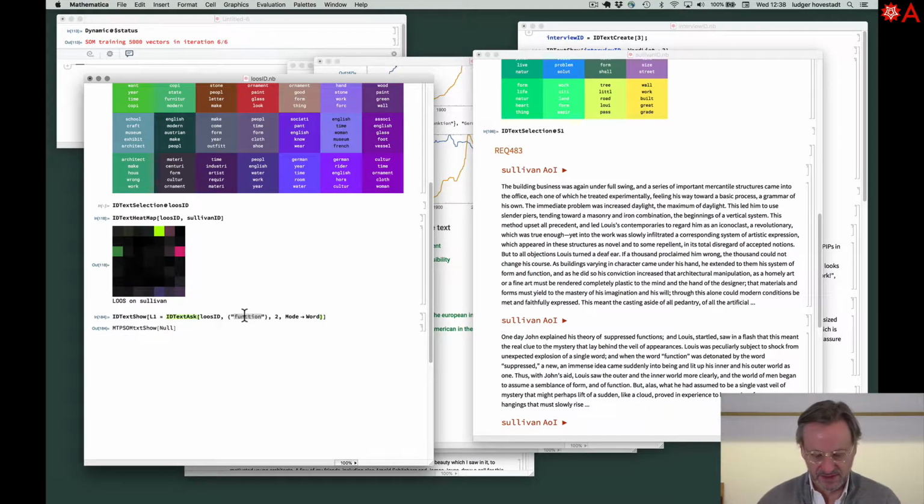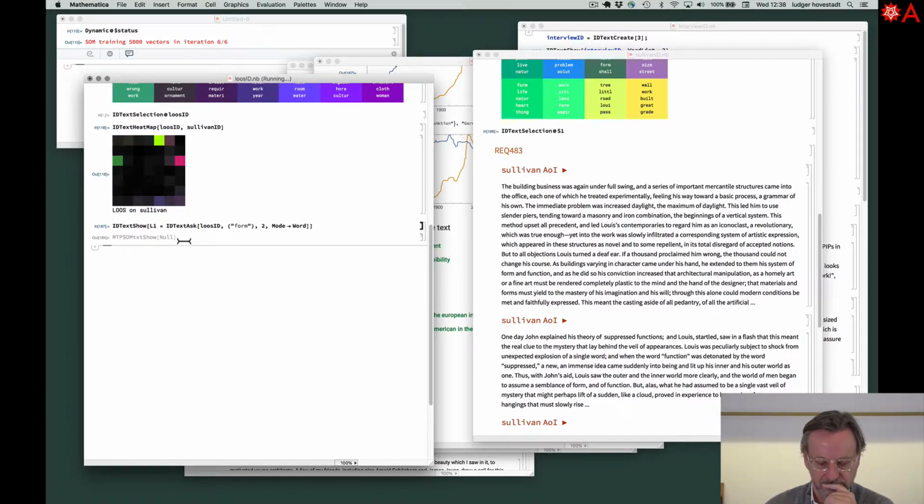If you go for form, whereas Loos, but we need a 4.